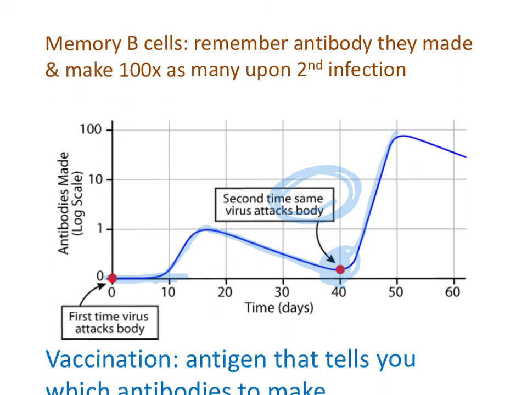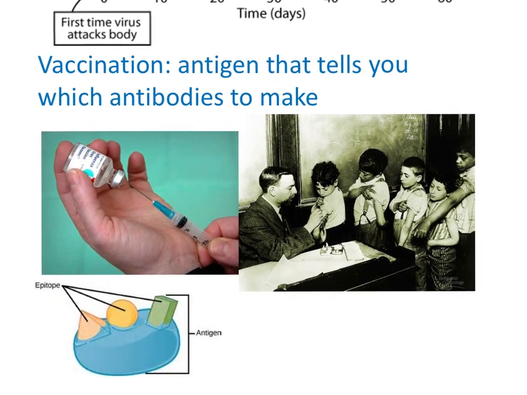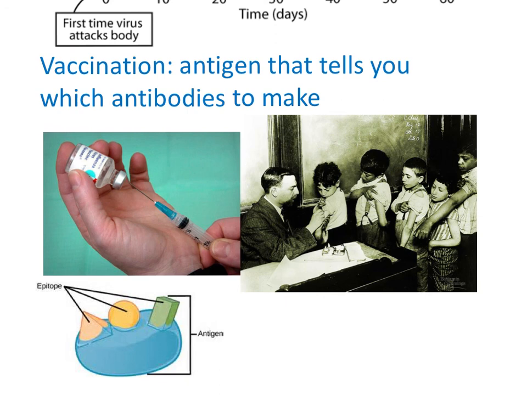So these memory cells are the way that vaccines work. When you get a vaccine, you're getting an antigen, meaning they're injecting just the little sugars, just the epitopes, just the foreign molecules, which we call the antigens. So they're injecting just those pieces into your body.